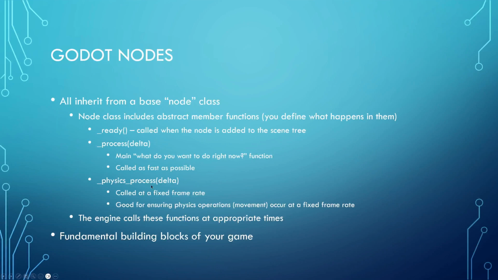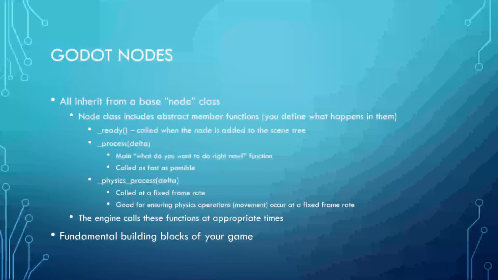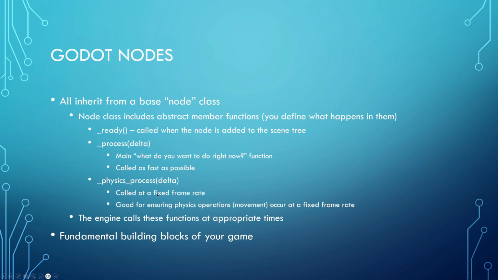If you're processing input or doing other stuff, it's good to put that in process. In a future video, we'll show how you can commingle these things. For now, we're just going to look at physics process, because that's one of the defaults that Godot gives us. But in the future, we will talk about how to separate this out and use these things together.